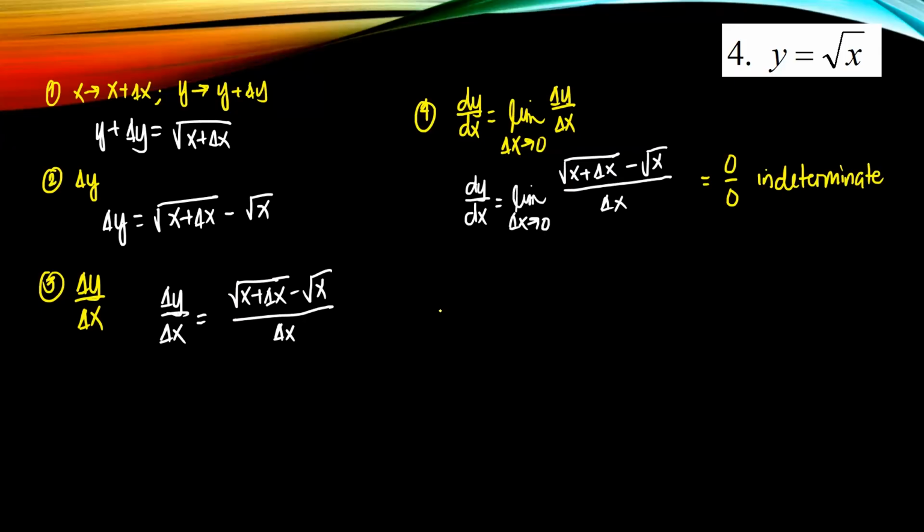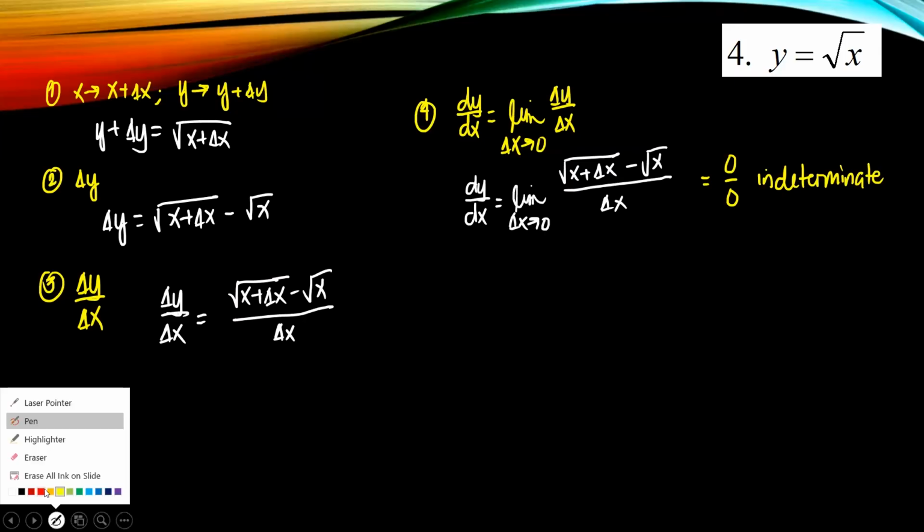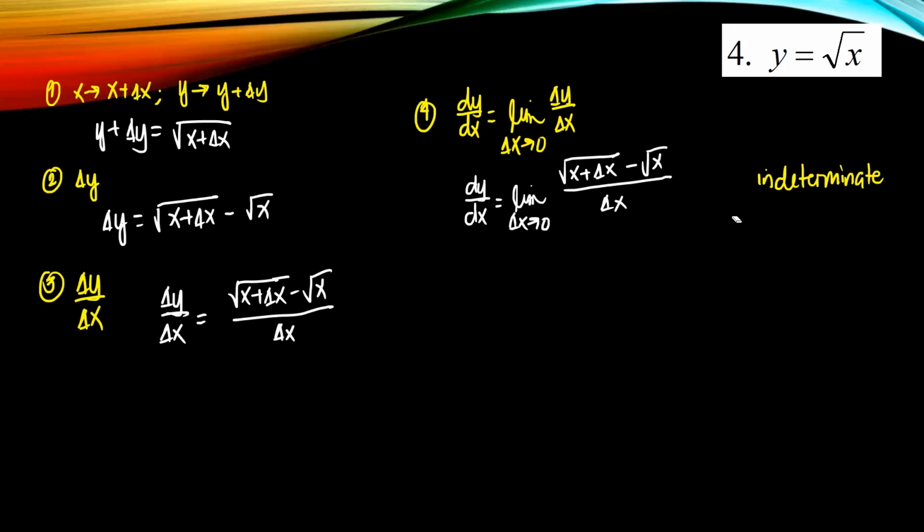So what do we do if it's like this? Maybe what we can do, guys, is, sige, I'll erase this, para I have some space. So that becomes 0 over 0. Indeterminate. What do I do?